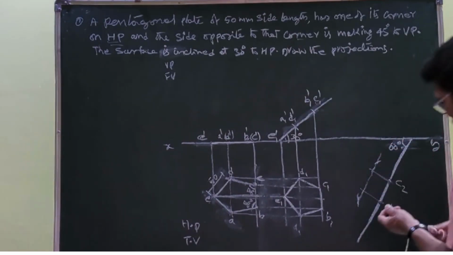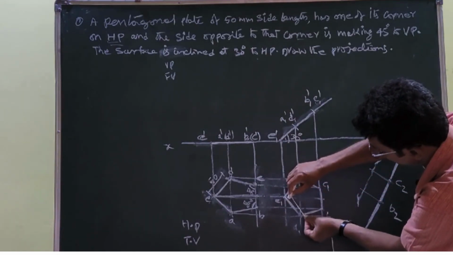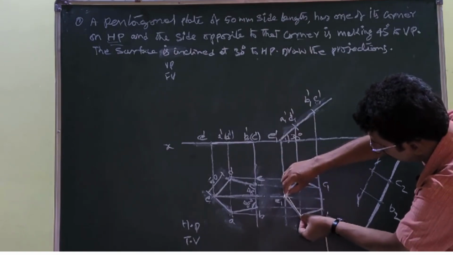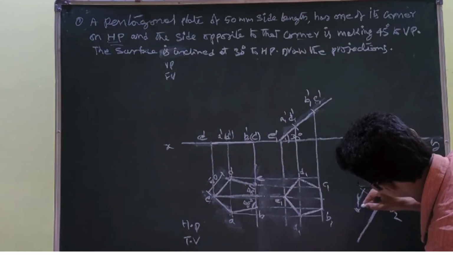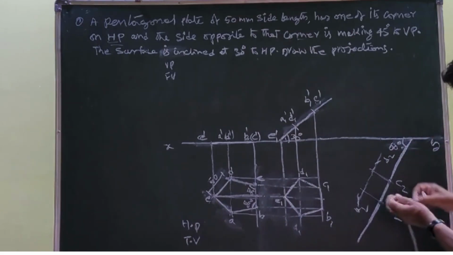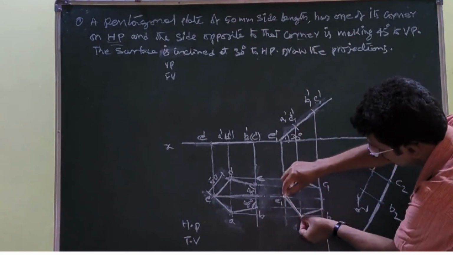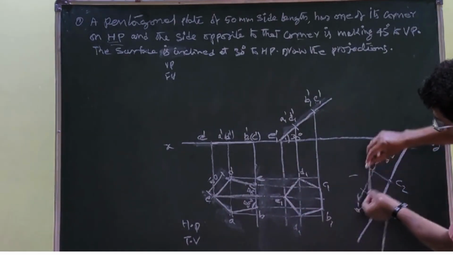Once you cut it here, again A1 E1 as a radius, obviously this is the A2, this is the D2. A1 E1 as a radius, A2 as a center, you draw the arc here.